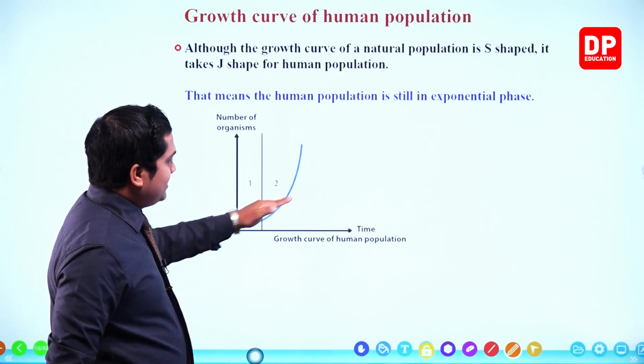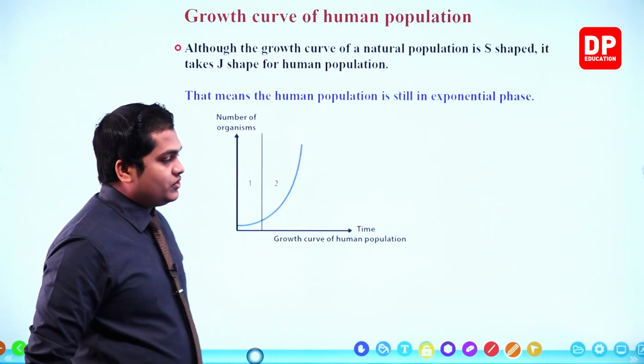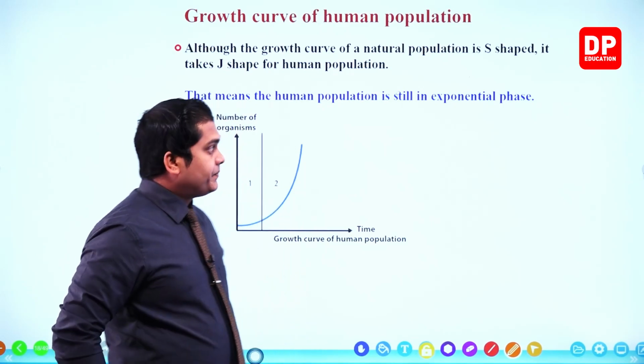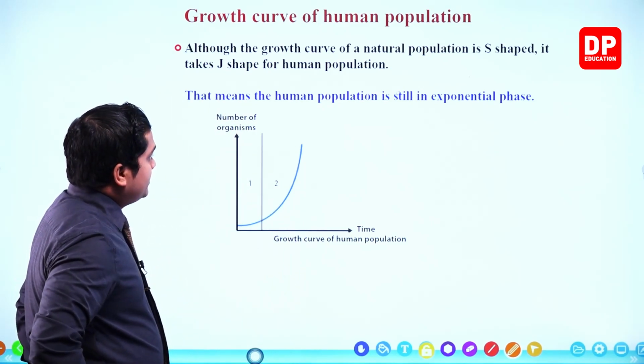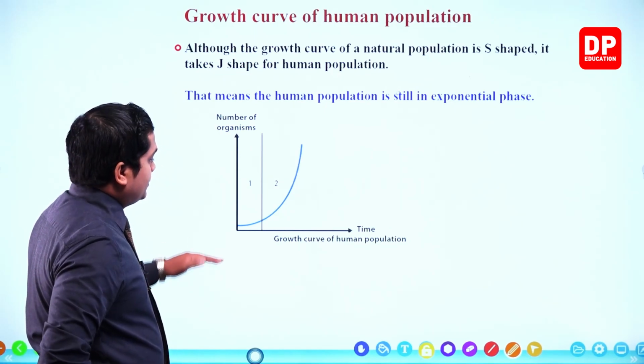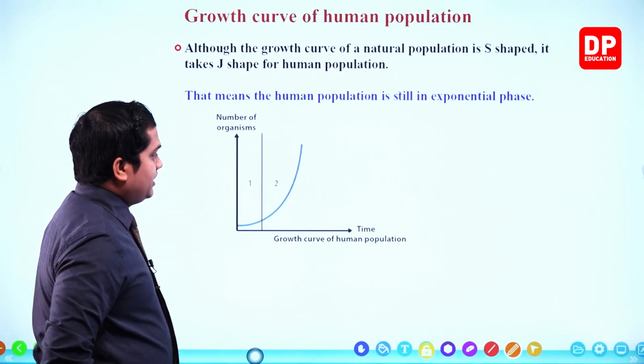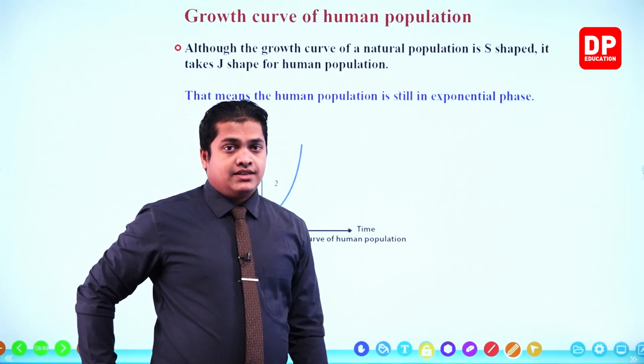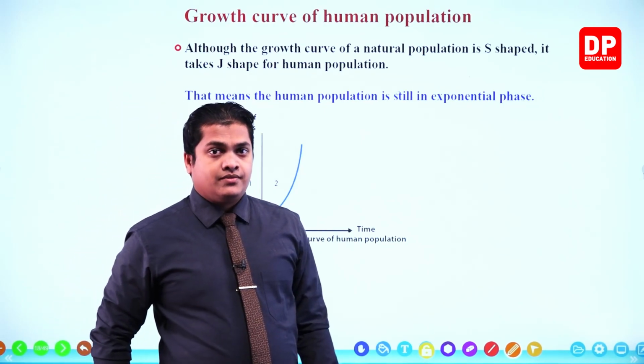It is still in the second phase, which is the exponential phase. That means the human population is still in the exponential phase.